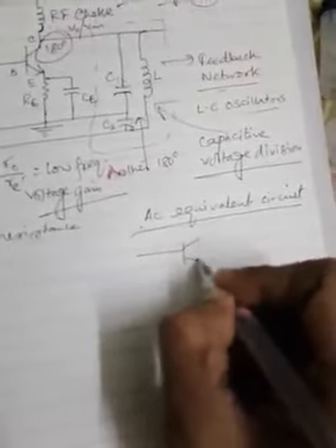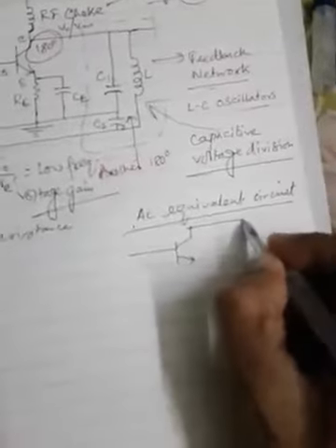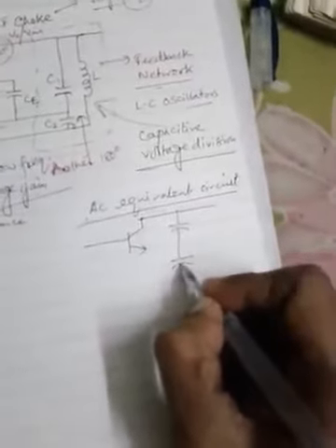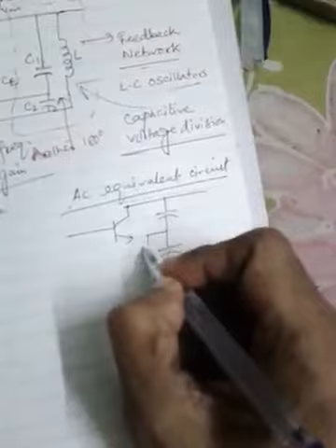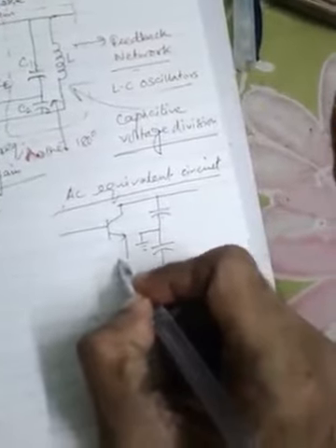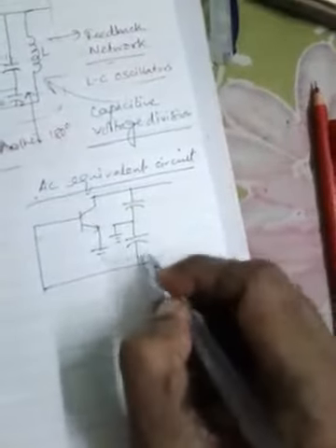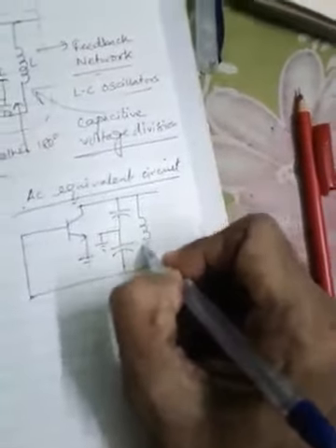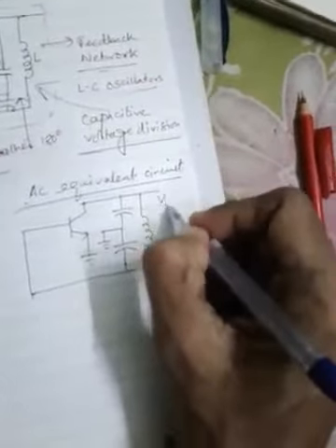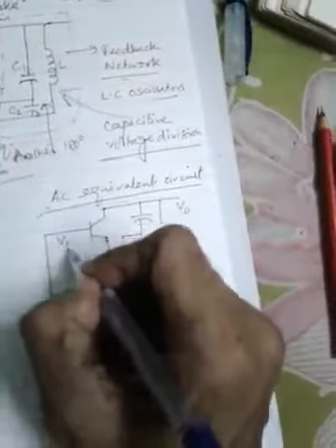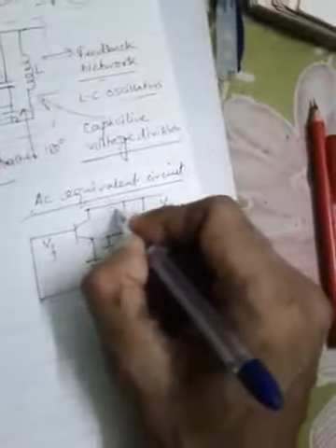It is a very simplified form of AC equivalent circuit. And this is the current I.